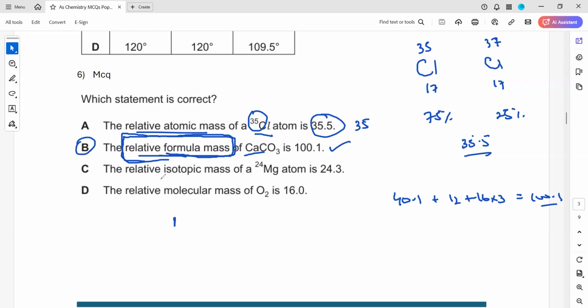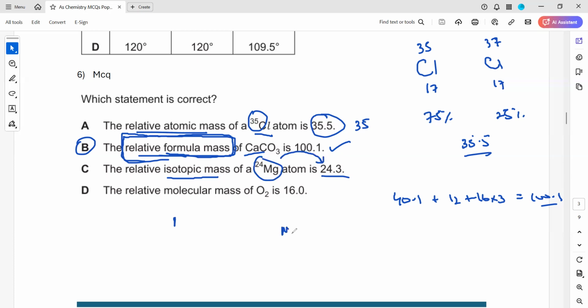Why not C? The relative isotopic mass of magnesium 24 atom is 24.3. You cannot work that out from this information, because if it's an isotopic mass, we should know the two isotopes and we should know their percentages. Just knowing one isotope, you cannot say the average is 24.3.